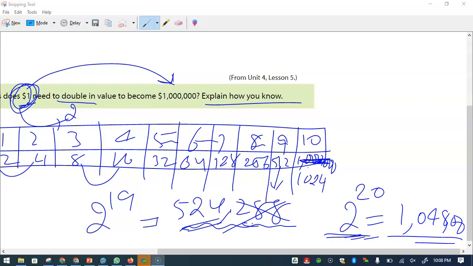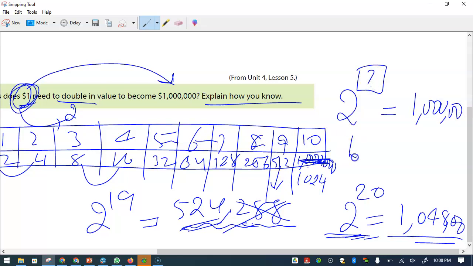So basically, you're asking 2 raised to what gives you 1 million, right? So if you really want to use the logarithm, then we say, okay, I don't know this, so let's do that. So we say logarithm of 1 million, we put to the base 2 and we get the exact answer. Okay? That's how the log helps.